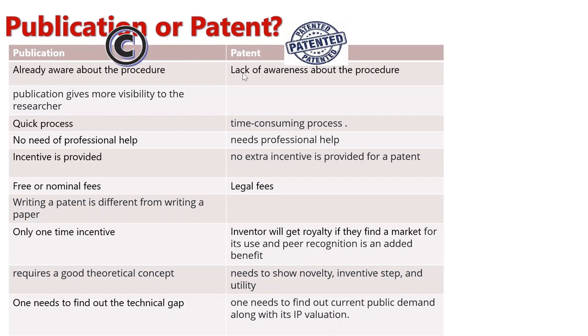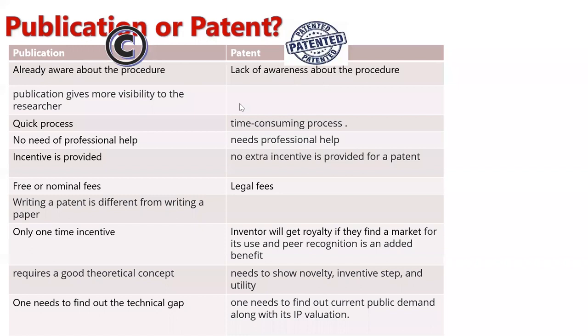In publication, nominal fees are needed, but for a patent we need to invest some legal fees, as I said, filing fees and maintenance fees. Publication is easy, you already know the procedure. Patent you don't know, so you need help. The government made it easy by establishing the IPR cell, so you can go there directly.